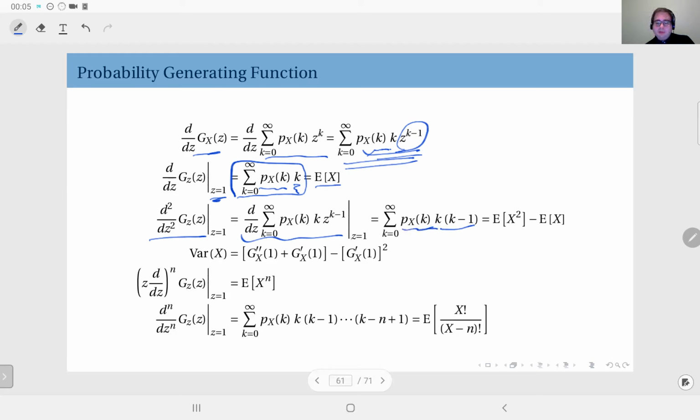If you evaluate it at z equals 1, the z to the power k minus 2 term will disappear, and what you have is k times k minus 1 times the PMF value.